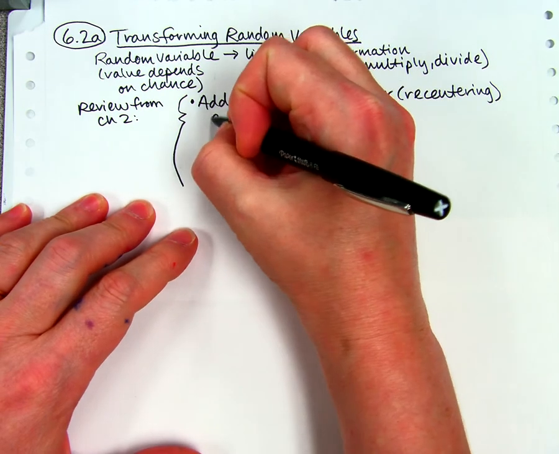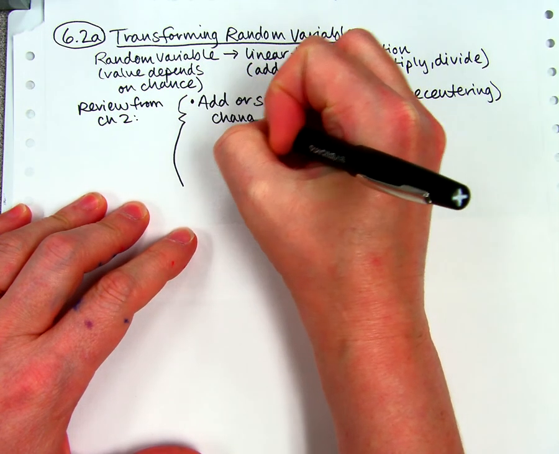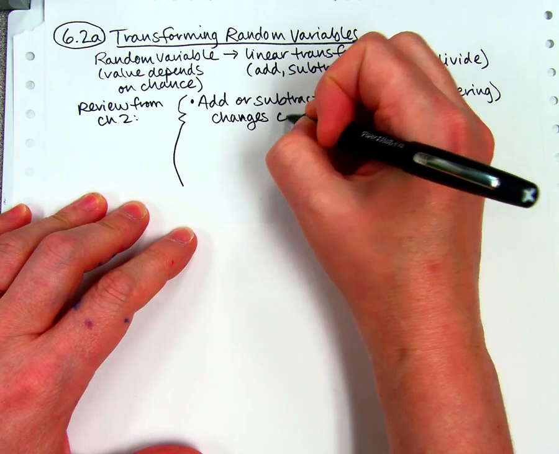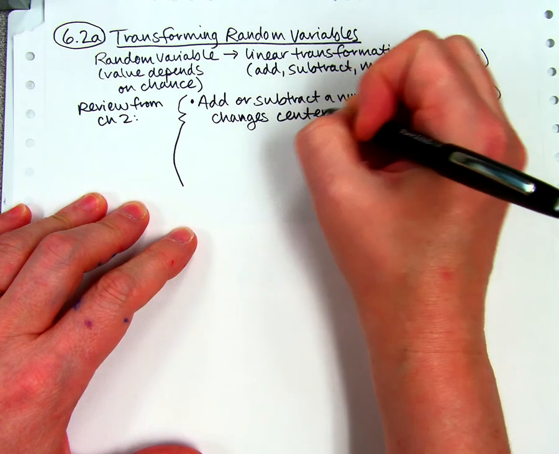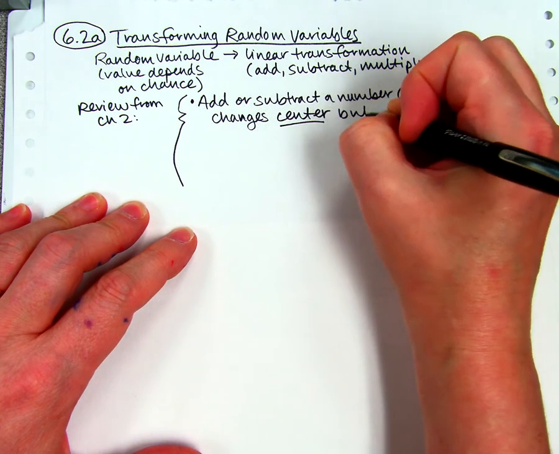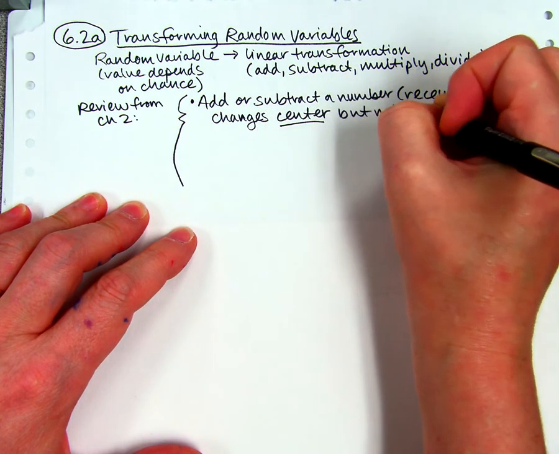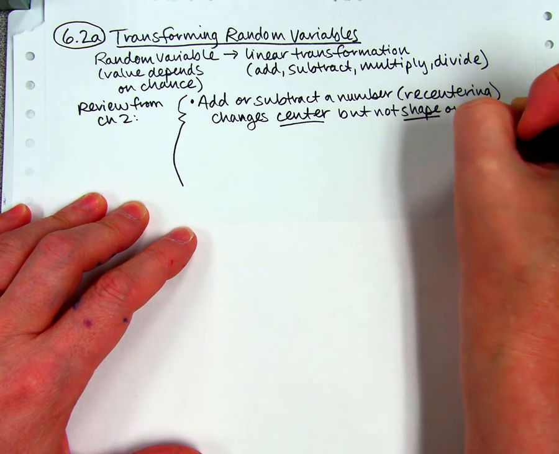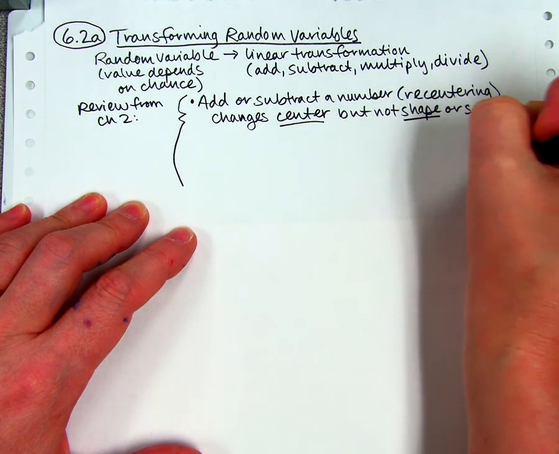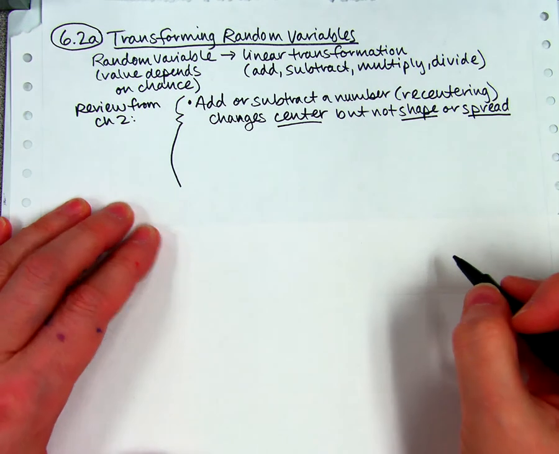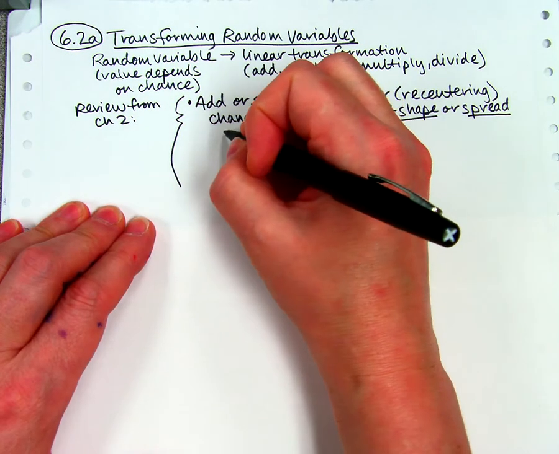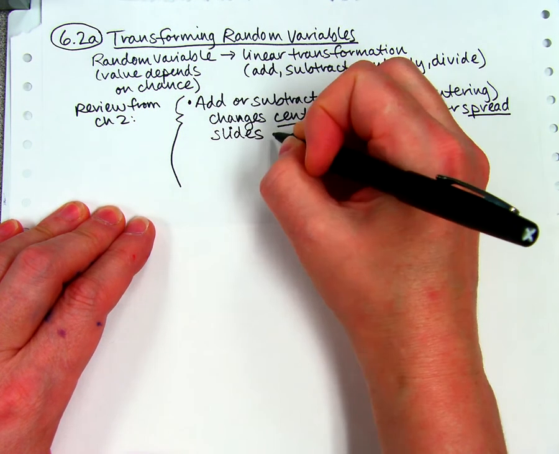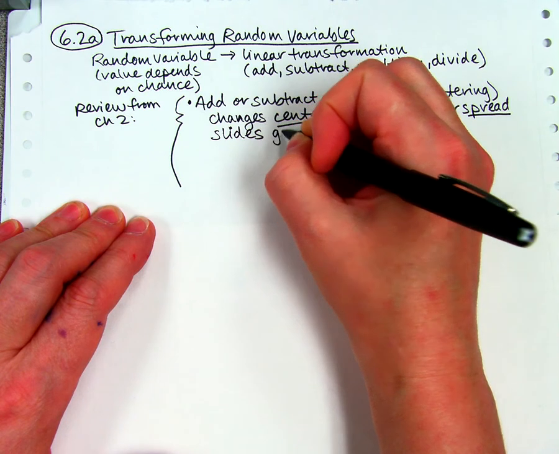It only changes the center. And I hope that sounds familiar to you, that you're like, oh yeah, I kind of remember that from back in Chapter 2. It's like a slide in algebra or geometry. So it slides your graph or translates the graph horizontally, and that's all it does.